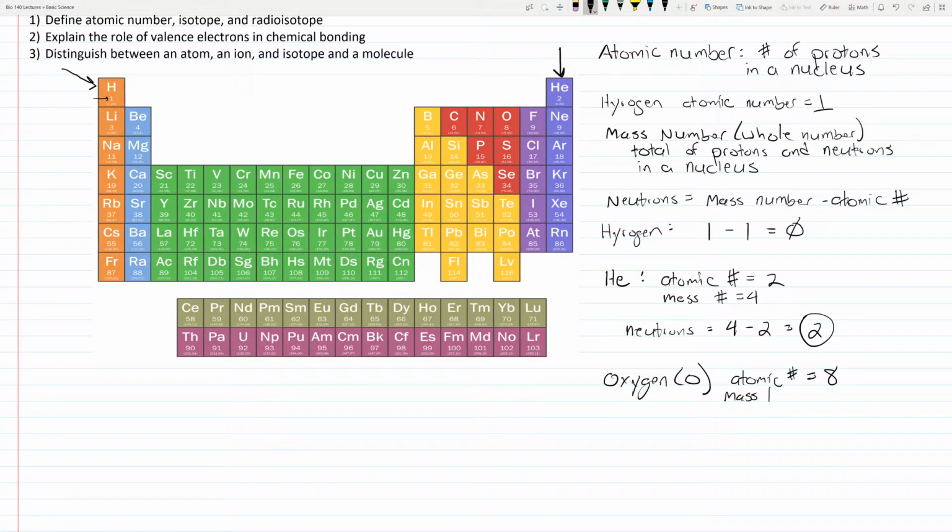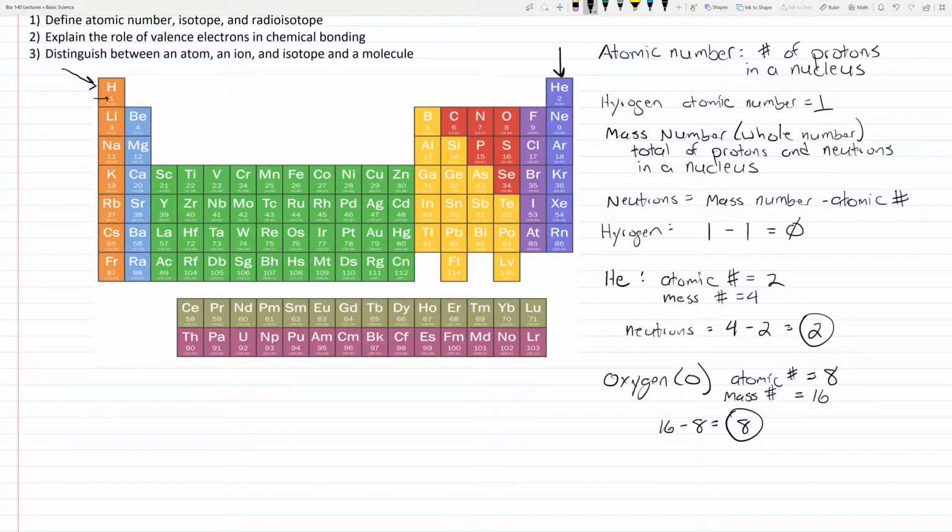So the number of neutrons inside of oxygen is 16 minus 8, which is 8. So there are 8 neutrons in oxygen.